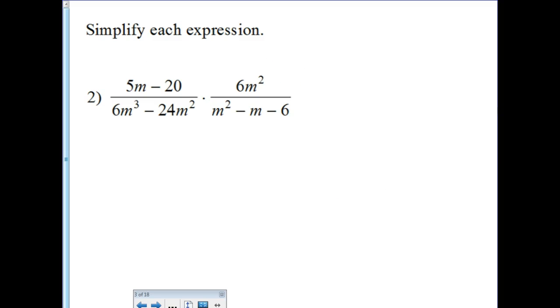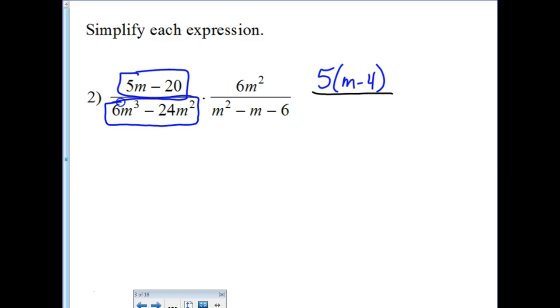So we're going back to number 2 on the side that is essentially notes. Same idea, you're going to multiply fractions together. So for polynomials, you're going to want to factor everything and then cross cancel like factors. So this term right here, you can take a 5 out. Over. So then this term down here, you can take out a factor of 6m squared.